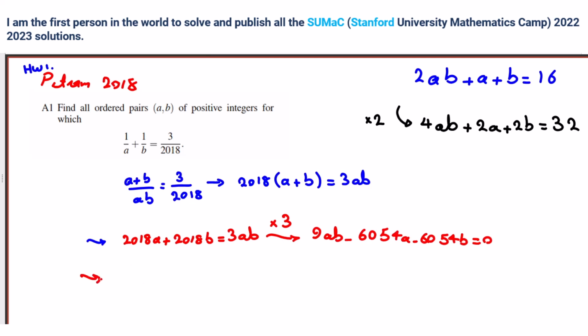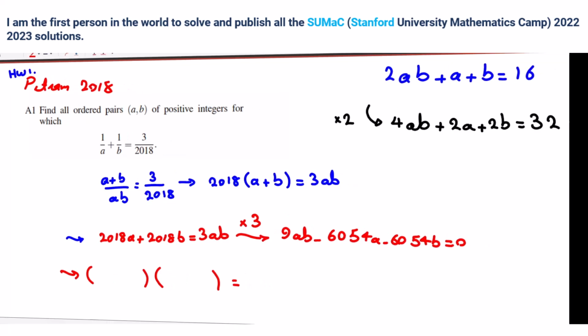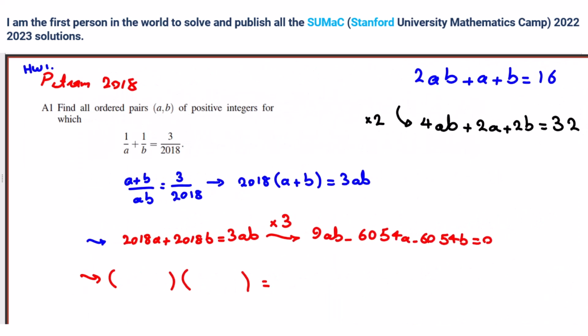So if you factorize this part, what times what is equal to what? (3a minus 2018)(3b minus 2018) minus 2018 squared is equal to 0. So (3a minus 2018)(3b minus 2018) is equal to 2018 squared. Exactly.